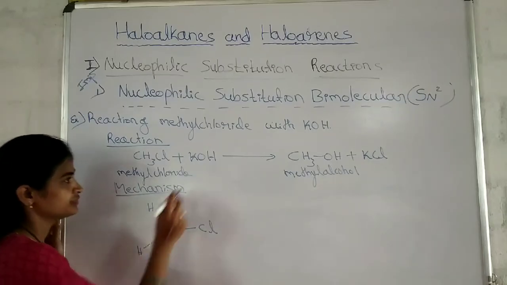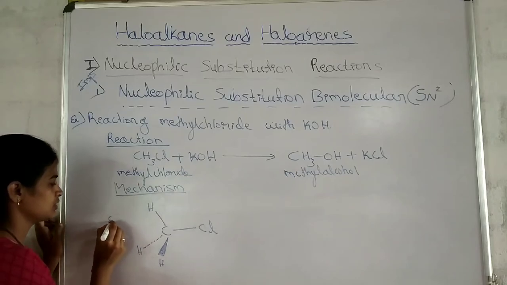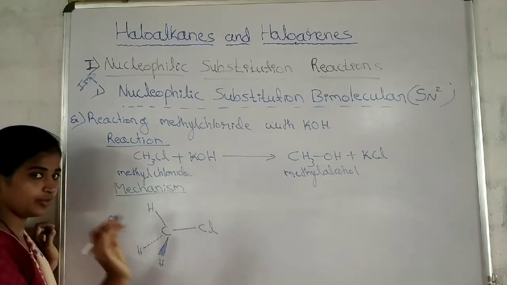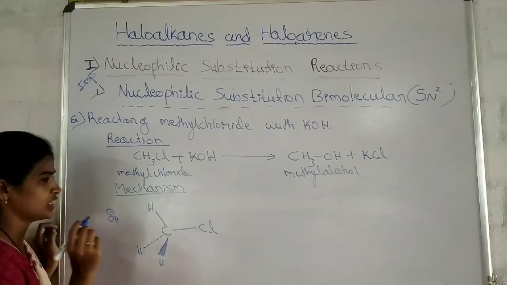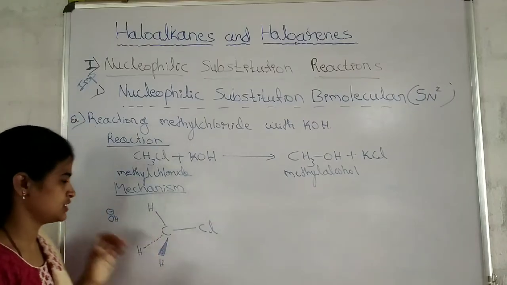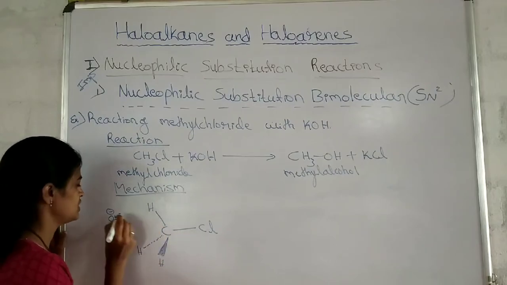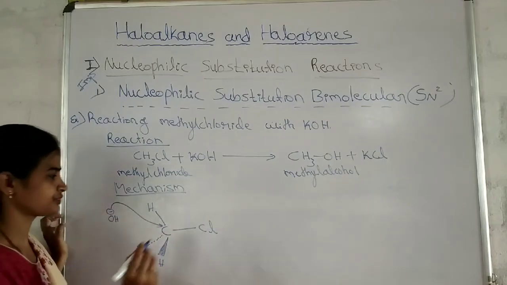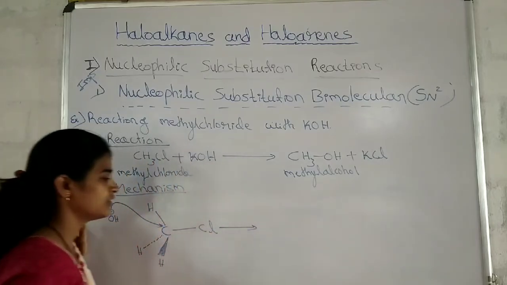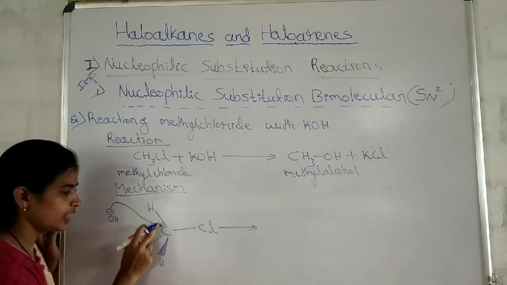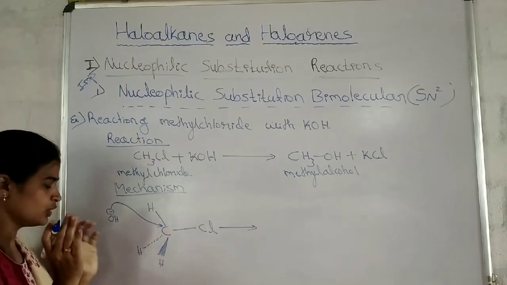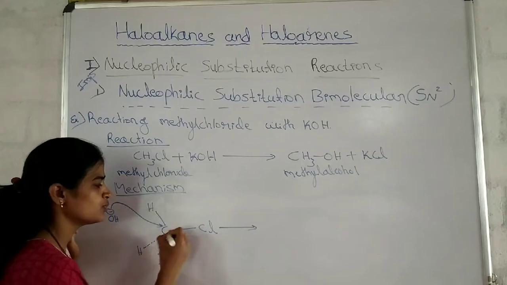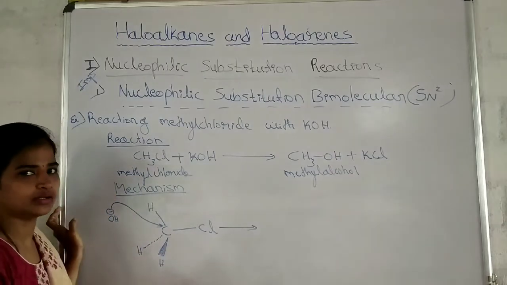Now, OH minus from KOH is the incoming nucleophile. It bears the negative charge. What is a nucleophile? An electron-rich species. As the carbon has the partially positive charge, it attacks the carbon atom. Observe carefully: as the nucleophile starts attacking the carbon, the carbon halogen bond starts becoming weaker.